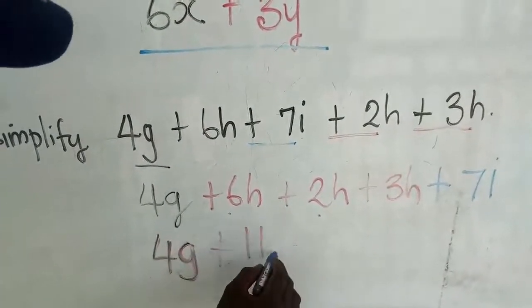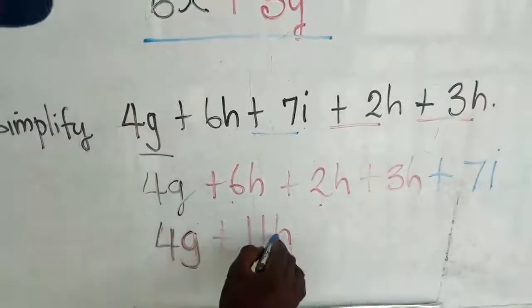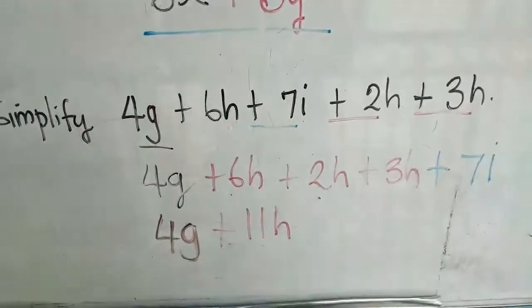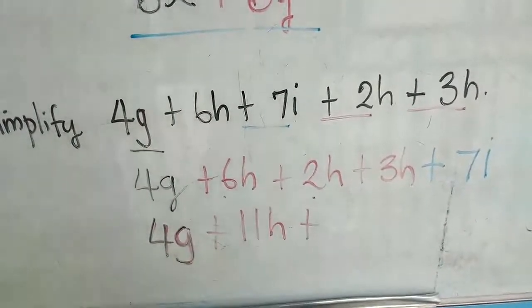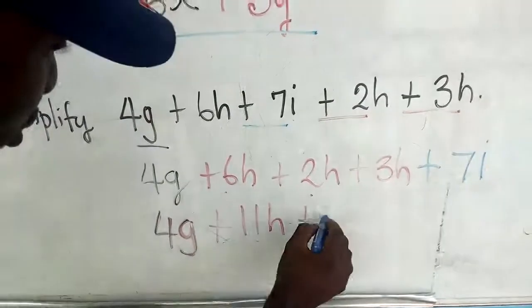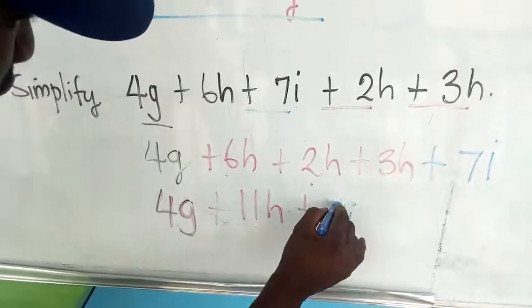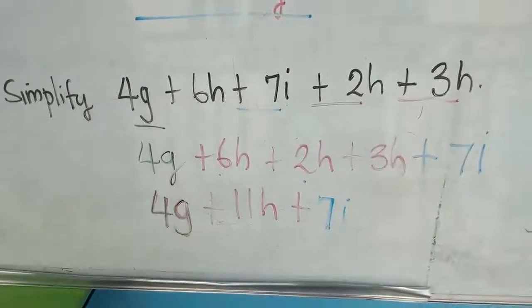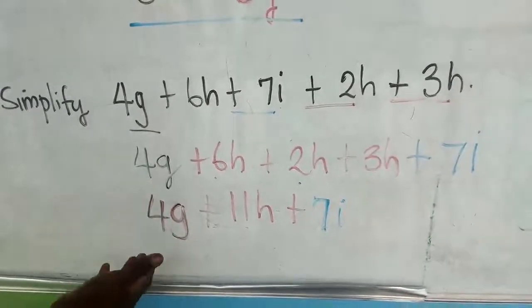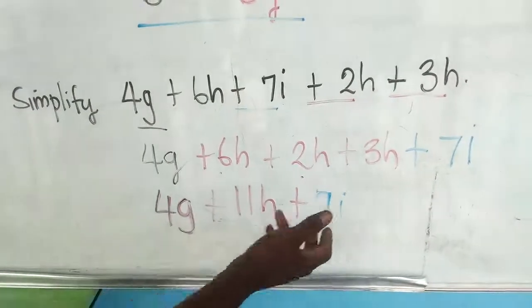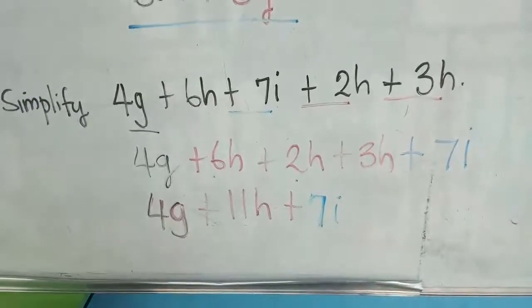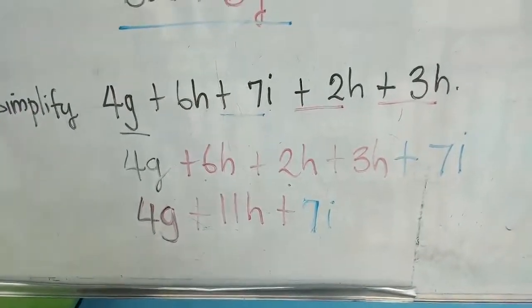That gives us 11h. And then i is alone, so you just write plus 7i, and we are done with the simplification. You can't add g, h, and i together. Why? Because they are unlike terms.